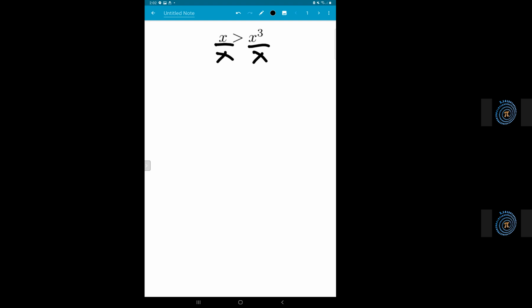So how do we solve this one? We have to transpose everything first on one side of the inequality. You can do it on the right hand side, but let me do it on the left hand side. So I'll be transposing x cubed. So the inequality becomes x minus x cubed greater than 0.